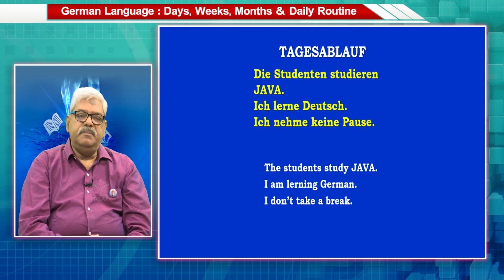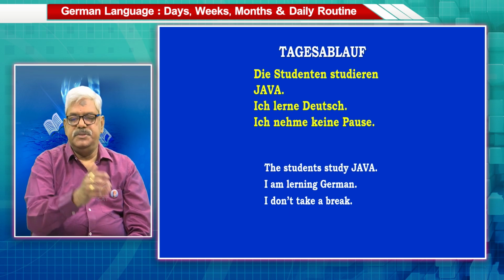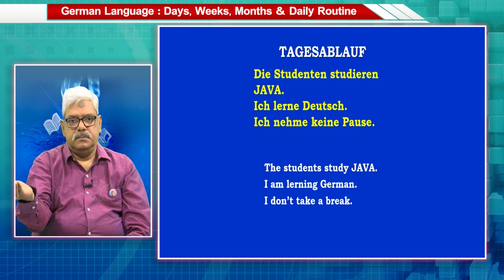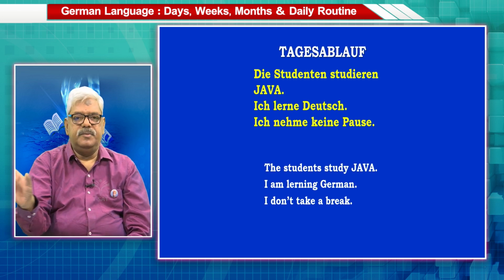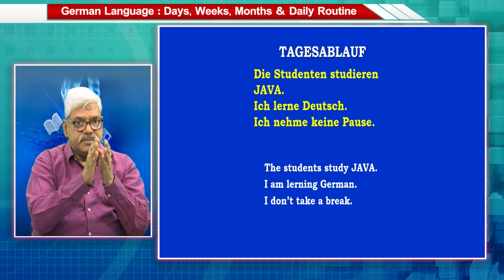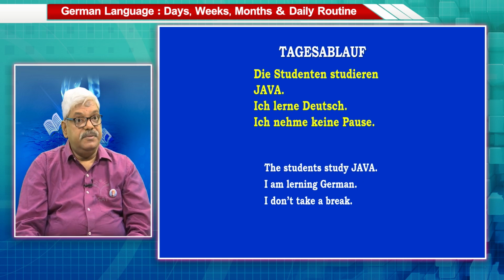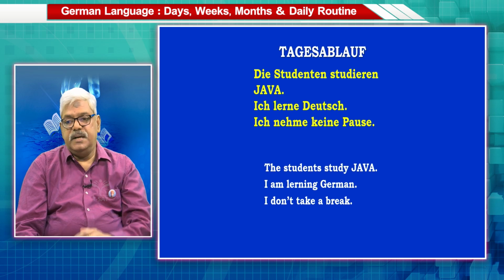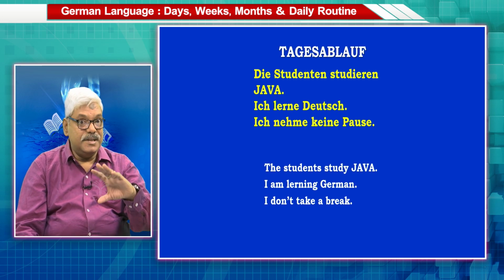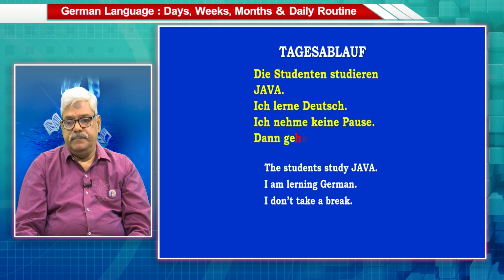If you have a break in between, maybe a tea break or a lunch break, then Ich nehme Pause. You just have to remove the word keine and the sentence is the same. Because from individual to individual, it differs. That's why you have to make the changes according to your own situation.